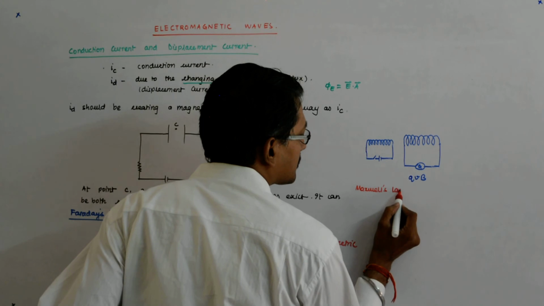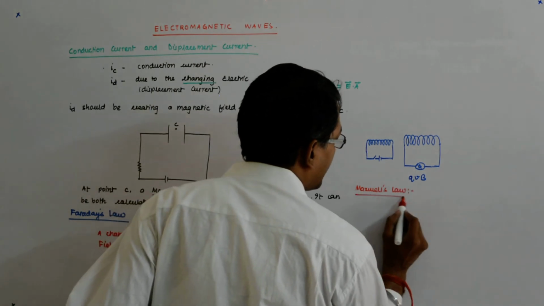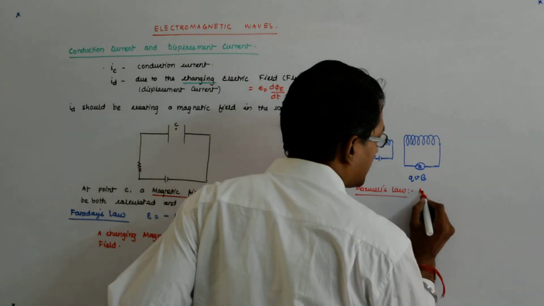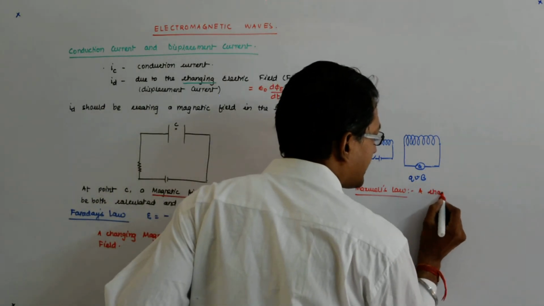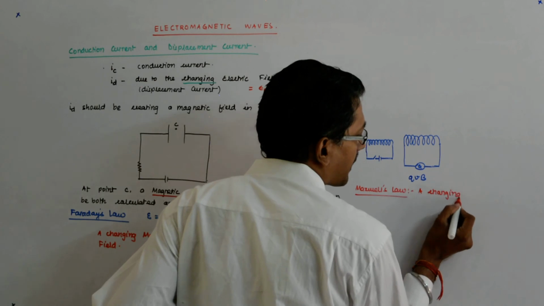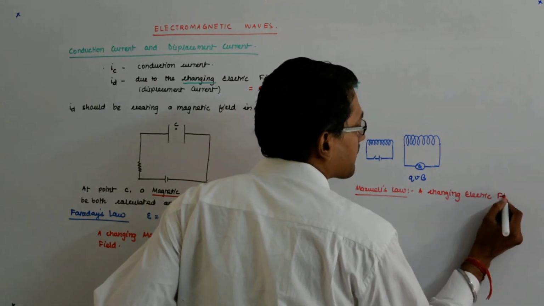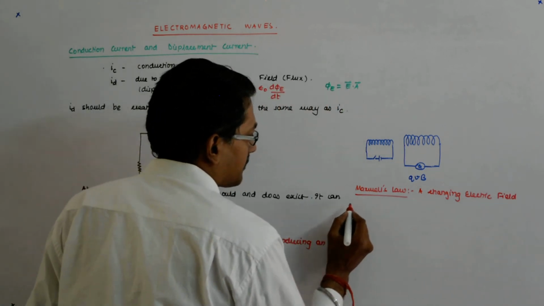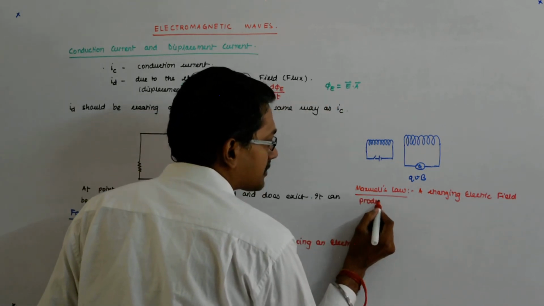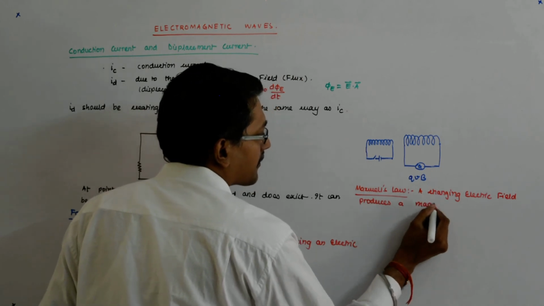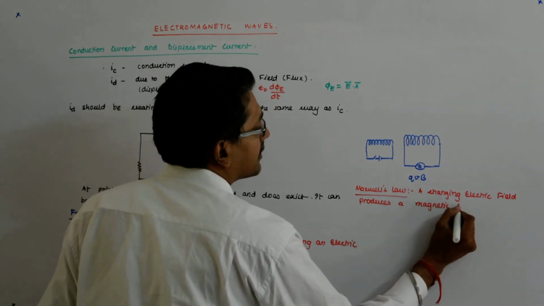Maxwell's law gave me what? That a changing electric field produces a magnetic field.